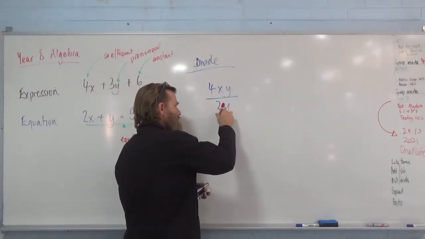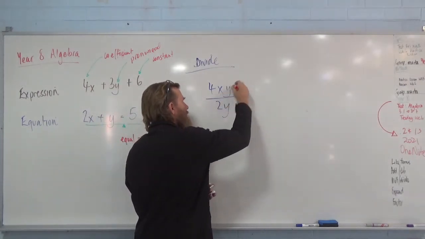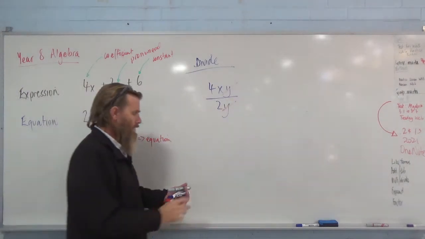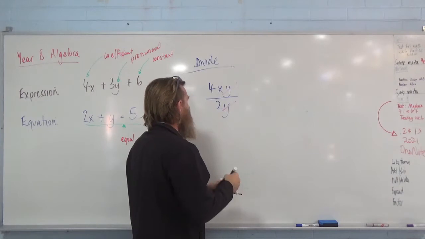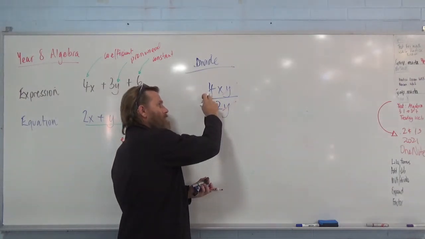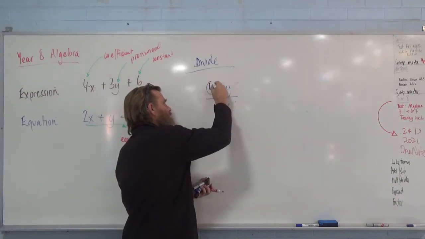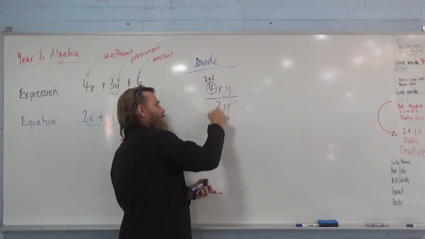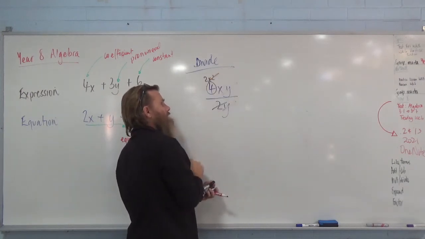So, y is here, cancel them out, gone. Don't need them. Then we've also got to see that this 4 is really 2 times 2. So instead of writing 4, I could have 2 times 2, and then I can cancel one of those 2's.